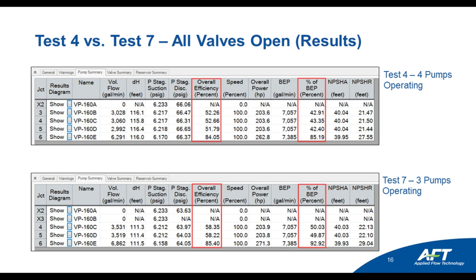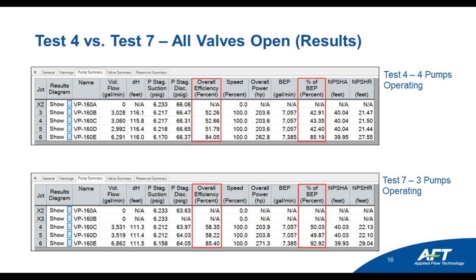So in that particular case, efficiency is not the only answer. You want to make sure you're operating as close to BEP as you can. Again, the preferred operating region is typically going to be 80% to 110% of your BEP. Well, here it's clearly very far away at around 43% of BEP. Only 1 pump is operating at 85%.